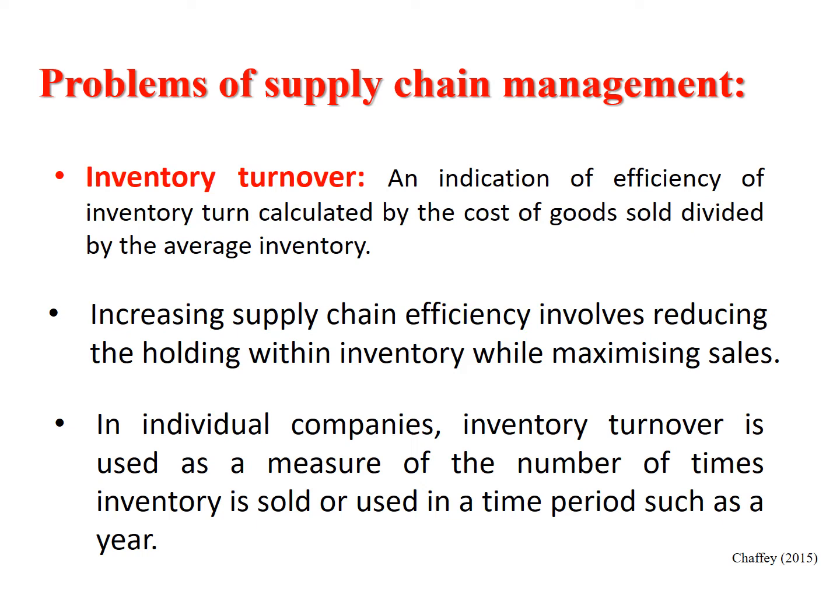Because if we are stocking these goods, they incur a cost on the business: warehousing costs, staffing costs, picking costs, packing costs, distribution costs. So the quicker you can get these goods in and then out to the end consumer, the quicker you can get your money back and your profit.